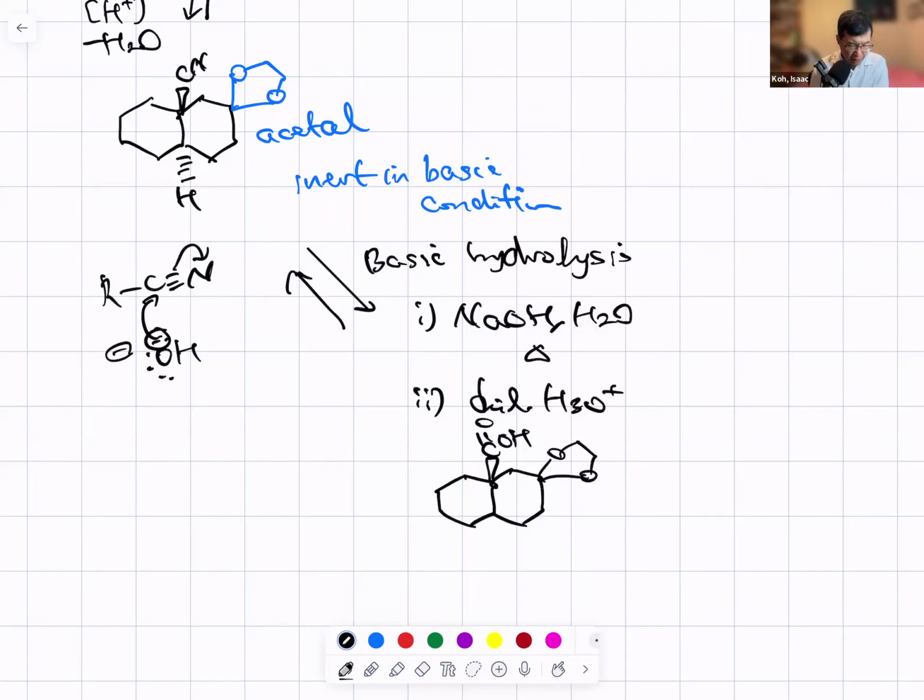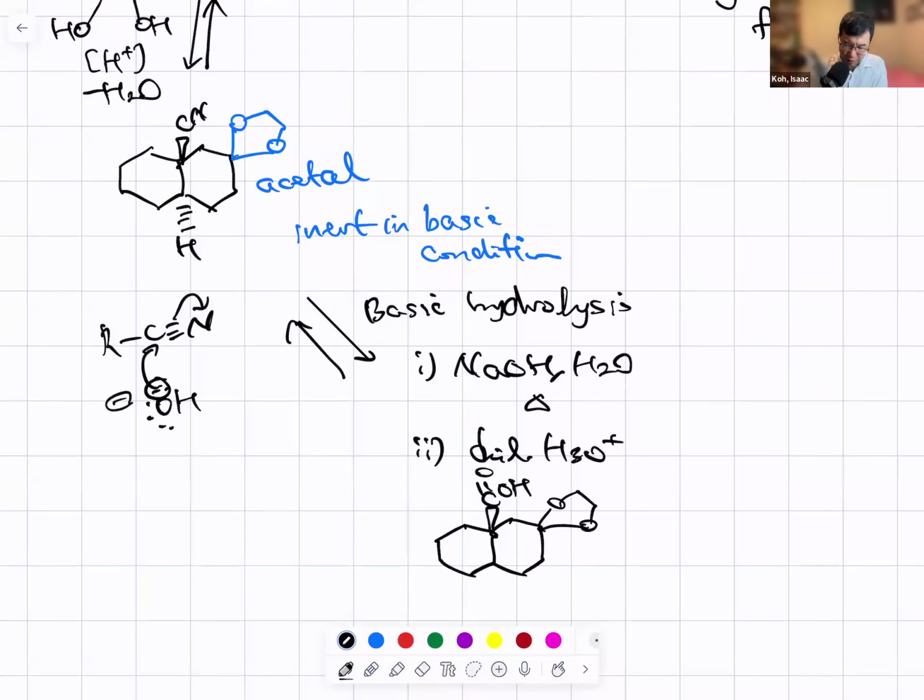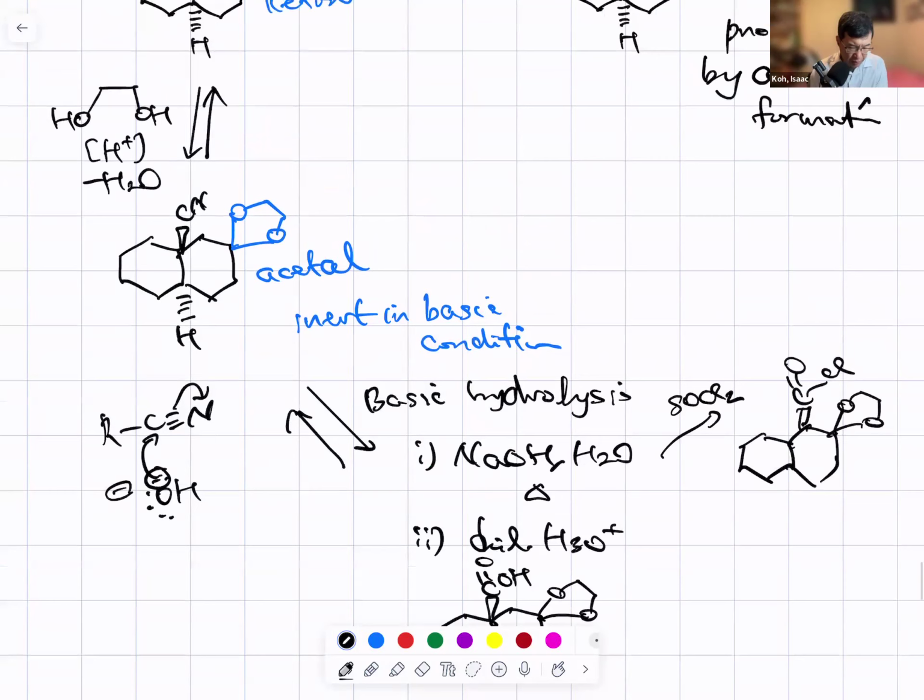And now let's treat this one with thionyl chloride and convert this carboxylic acid into an acid chloride. Then the acid chloride will be reacting with lithium aluminum tri-tert-butoxy hydride.